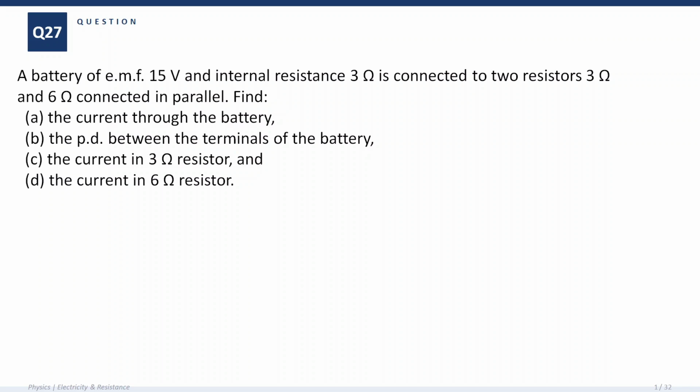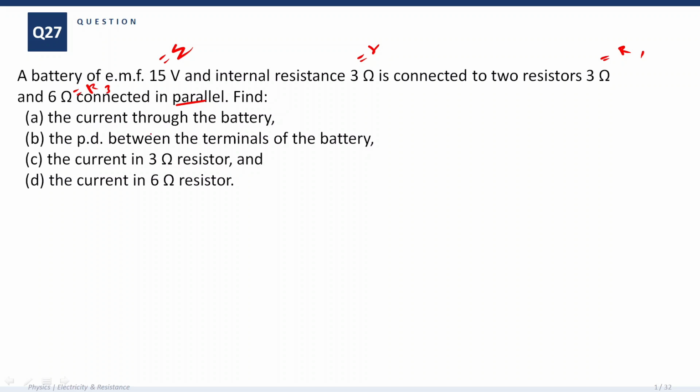So what is given in the question first? This is the epsilon, electromotive force of the cell. This is the internal resistance, and these two, 3 ohms and 6 ohms, are the external resistance. They are connected in parallel.